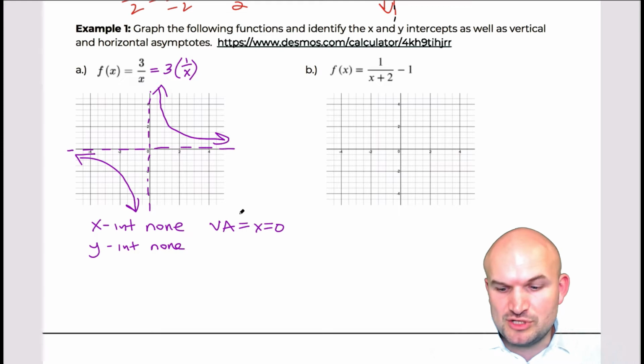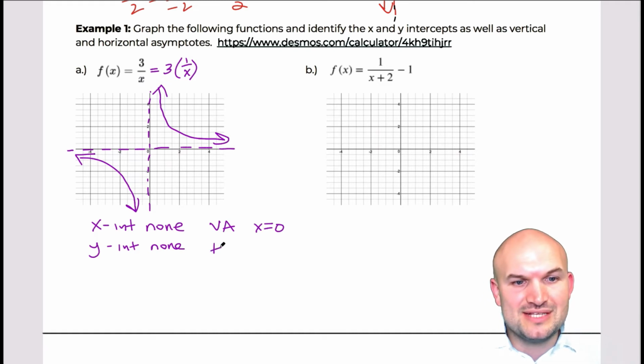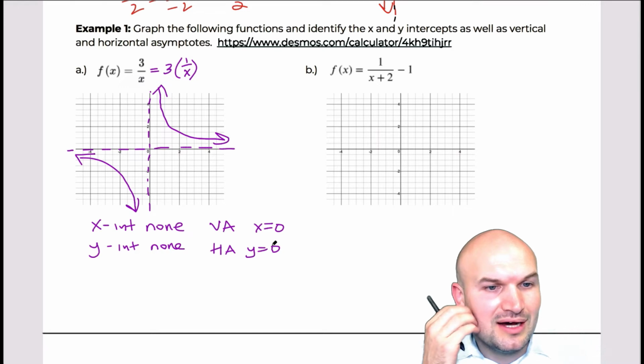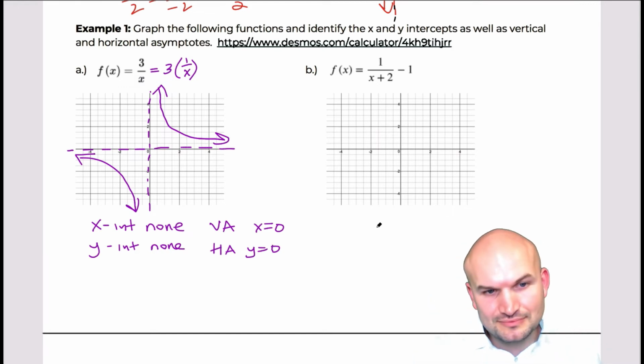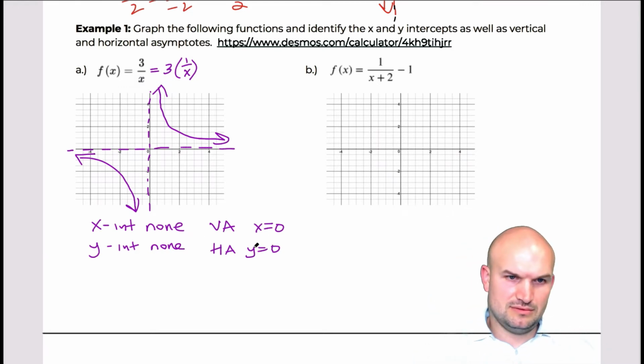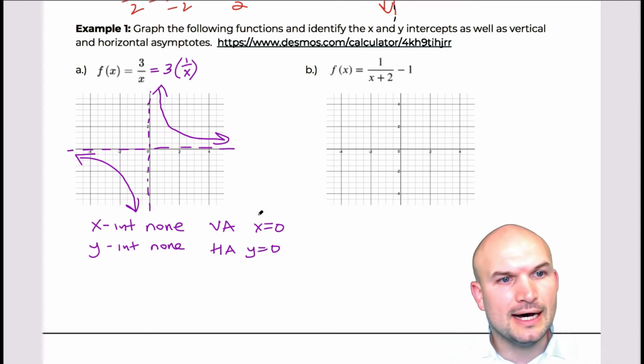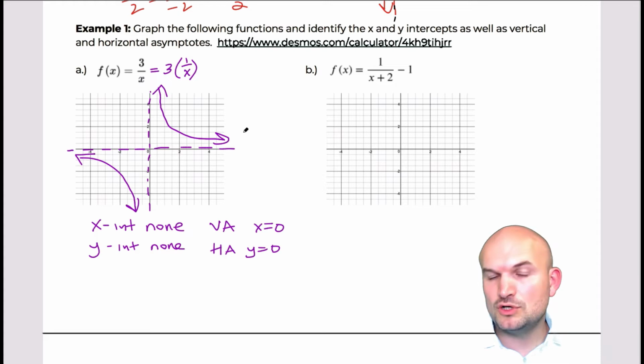If there's a vertical asymptote at x equals 0, there's going to be no y-intercept. And if there's a horizontal asymptote at y equals 0, then there's not going to be an x-intercept. And that's it. Cool. All right.